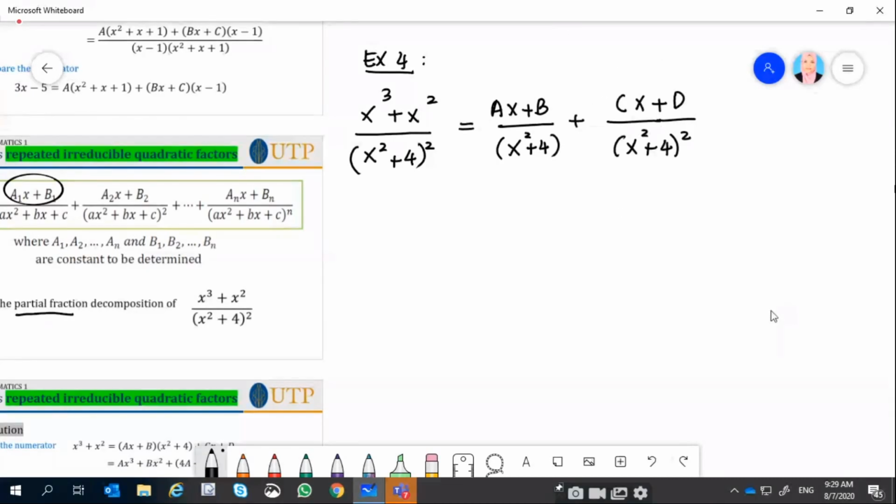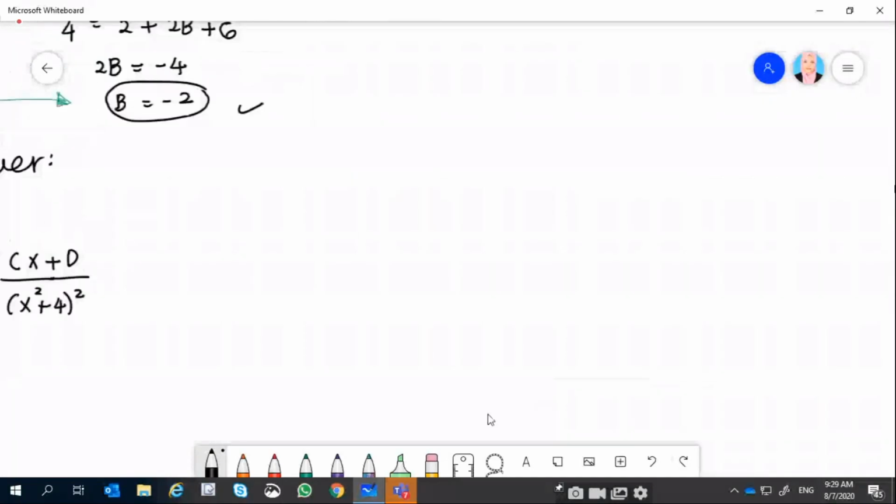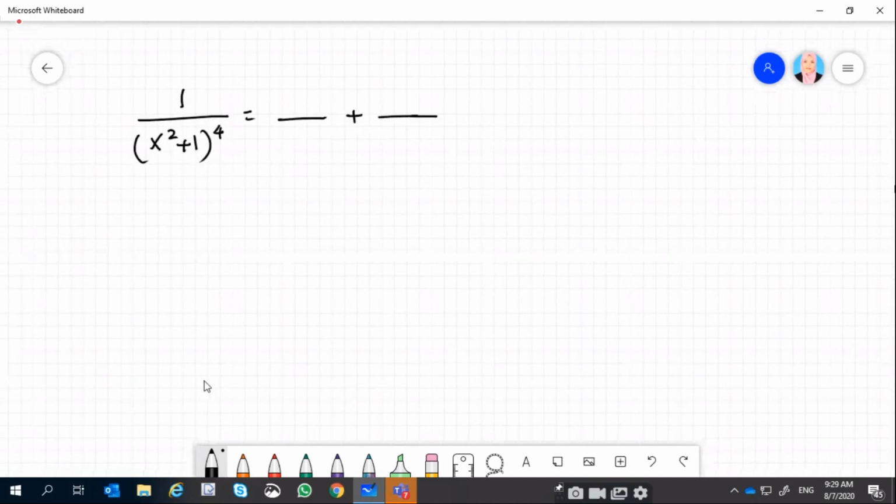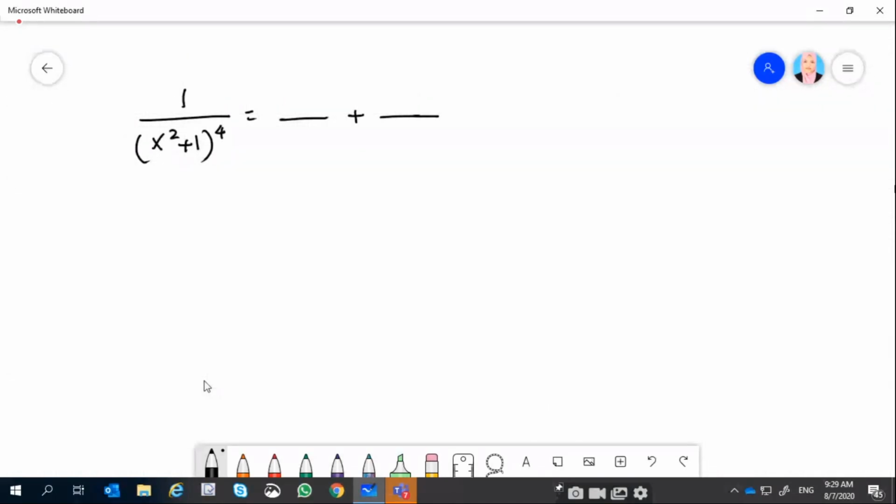Let's say the highest degree is 4, for example 1 over s squared plus 1 to the power of 4. How many constants will you have?